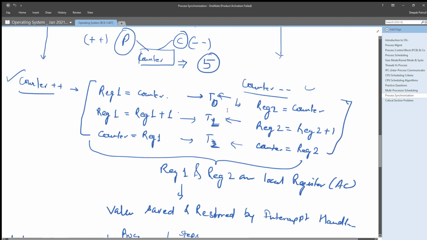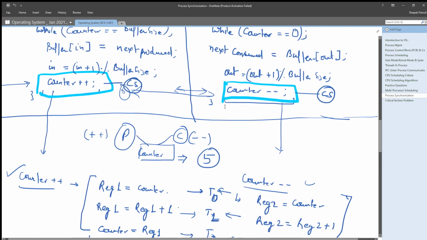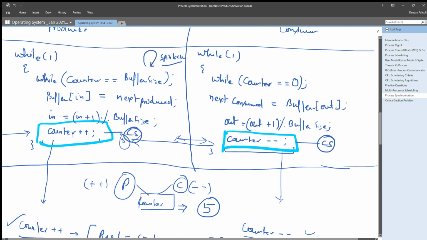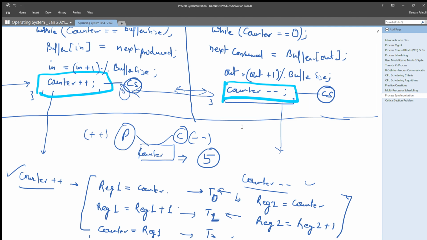Like in our producer-consumer problem, we understood that both share a common variable counter, and both are altering the counter variable, right?